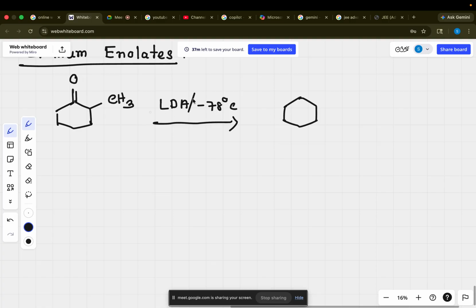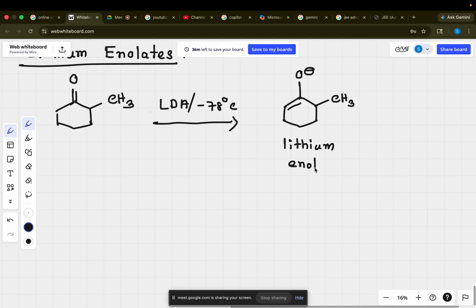So if you have LDA at minus 78 degrees centigrade, which enolate will you get, kinetic or thermodynamic? Kinetic. So you will get this, right? This is your kinetic enolate, and it is also called lithium enolate.